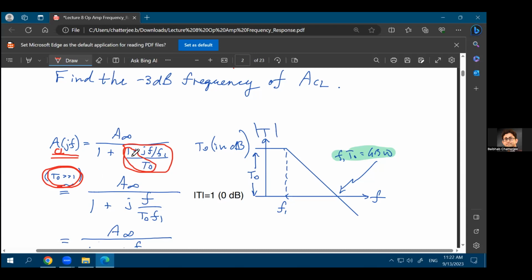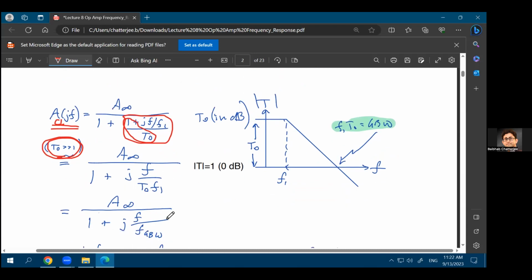So 1 over T naught, this term will go away. What you will be left with is just j times f divided by T naught times f1, where f1 is your pole frequency of the original amplifier. So this is how the original amplifier looked, that at f1 you had a pole.